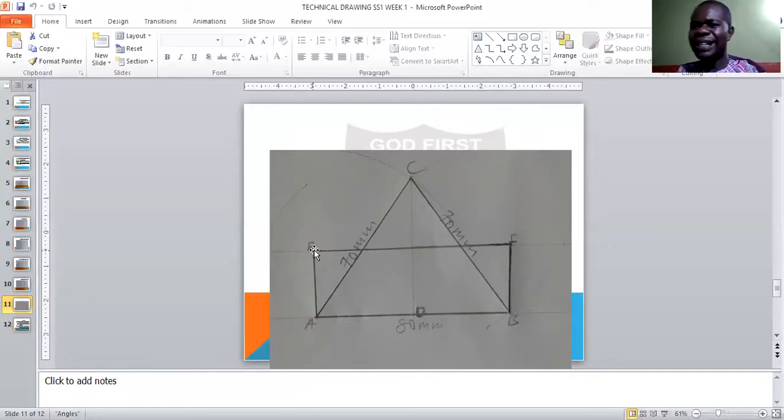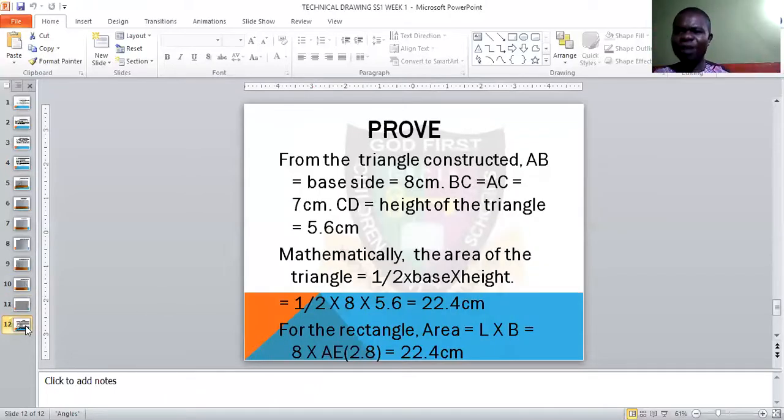I got 2.8 centimeters. So to prove this, from the triangle, you know that area is half of the base times height. We said base is 8 centimeters, as I've explained. BC equals AC because it's an isosceles triangle.